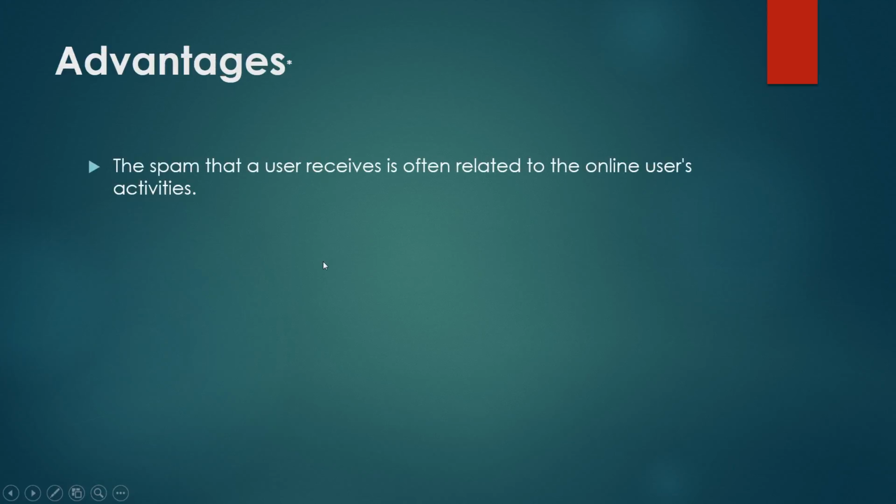Here are the advantages. The spam that a user receives is often related to the user's online activities. For example, a user may have subscribed to an online newsletter that the user considered to be spam. This newsletter is likely to contain words that are common to all newsletters, such as the name of the newsletter and its originating email address.